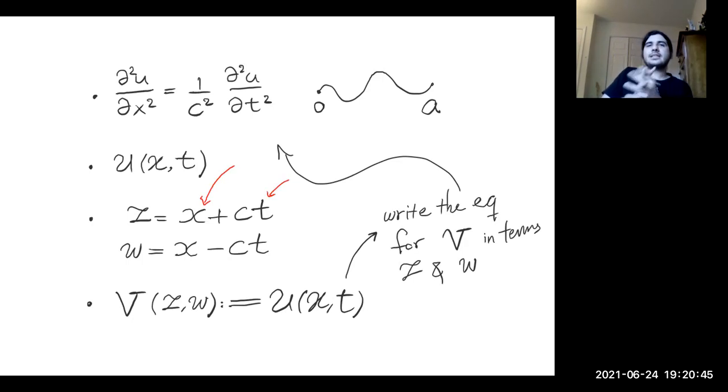Defining z as x plus ct, where c is a constant, at first glance it might look as though we are adding something whose unit is something like meters, it's about location, distance, with something which measures time, and its unit would be something like seconds. Does adding these two things make sense?